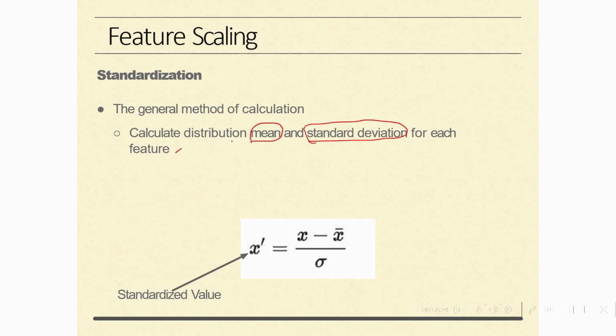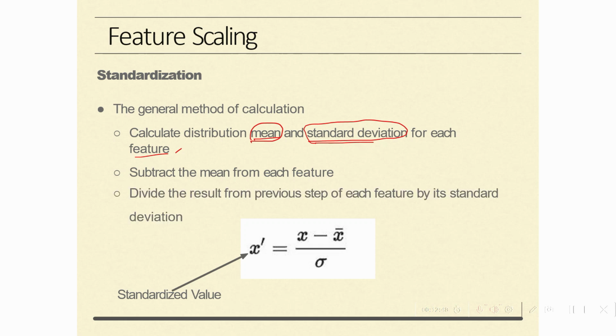The main thing is that we have to find the mean and standard deviation for each and every feature. That is very important. Now subtract the mean from each feature and divide the result of the previous step by its standard deviation.